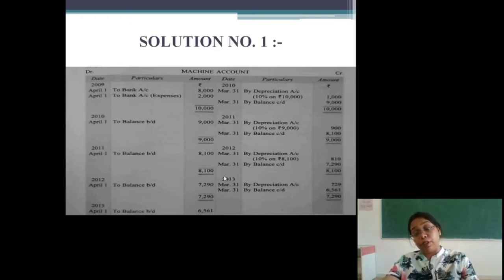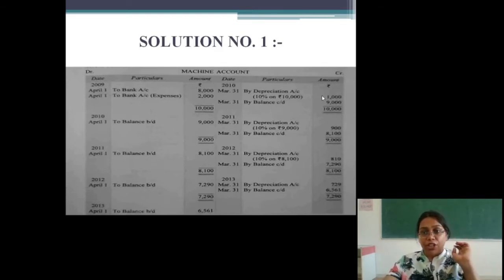Now after 1 year you will be charging the depreciation to this particular asset, that is 2013 March 31st. Depreciation account 10% of 7,290, that is 729. 7,290 minus 729 will be 6,561. This is the final amount that the asset has after deducting the depreciation for 4 years.